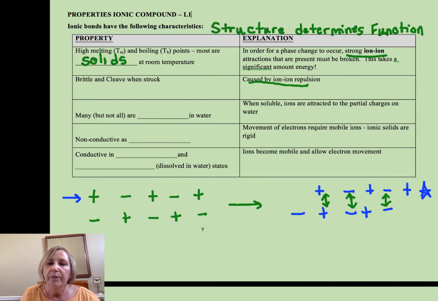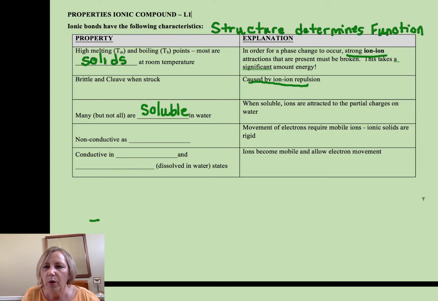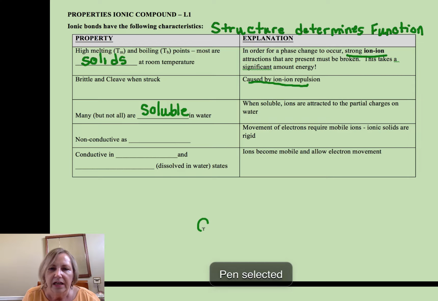Now, many, but not all, are soluble in water. Water is a polar substance. And so I have a partial negative on the oxygen and partial positives on the hydrogen.